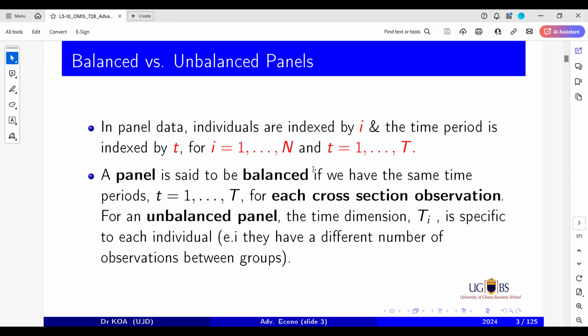So if you have 20 time periods, from the year 2000 to the year 2019, 20 years, and the number of, say, banks that you are looking at is 30 banks, and all of the 30 banks are appearing every year, it means that your data is balanced, and therefore your observation is how many?